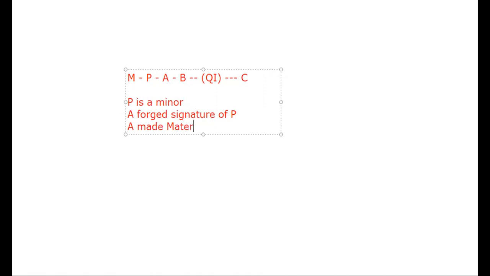Ayan. How about if, unknown to the qualified endorser, P is a minor? So a prior party is incapacitated. And then, unknown to B, A forged the signature of P. And then A made a material alteration.